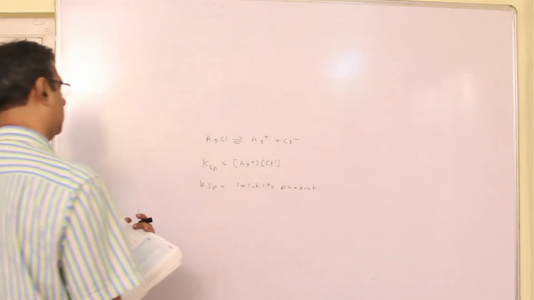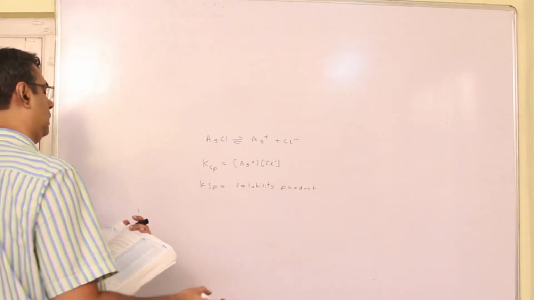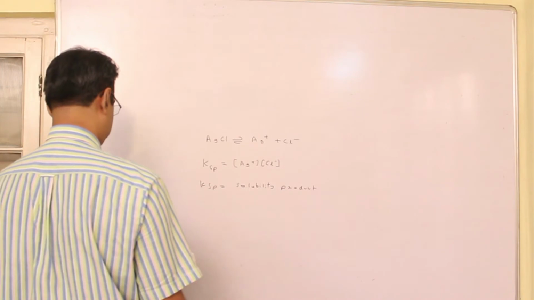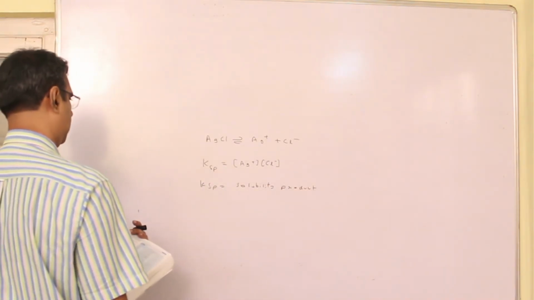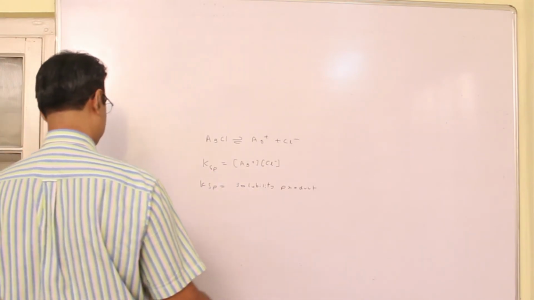So once again, whenever there is an ionic equilibrium between the ions and the undissolved electrolyte, the solubility product is equal to the product of the concentrations of the individual ions.